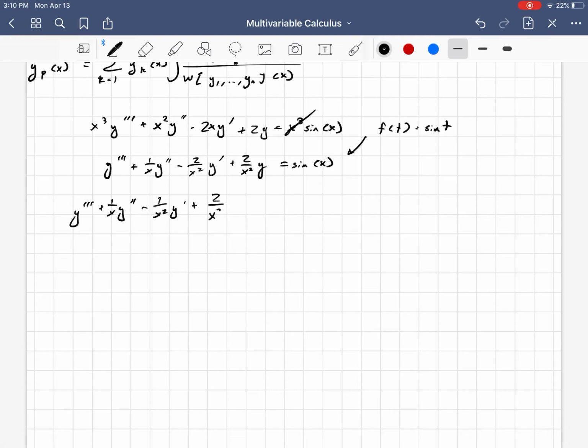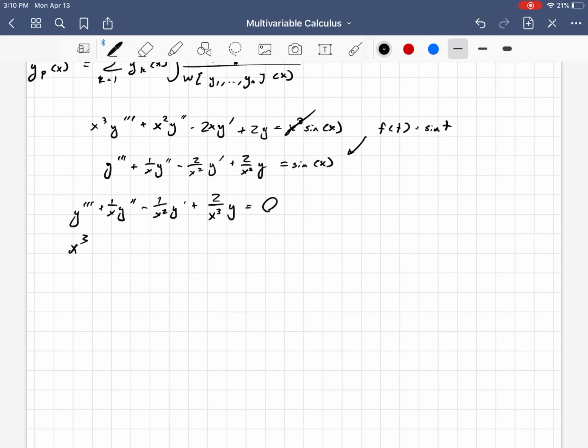Y triple prime plus 1 over x y double prime minus 2 over x squared y prime plus 2 over x cubed y is equal to, and we need the homogeneous solution, so set this equal to 0. Did they tell me what it is in the book?